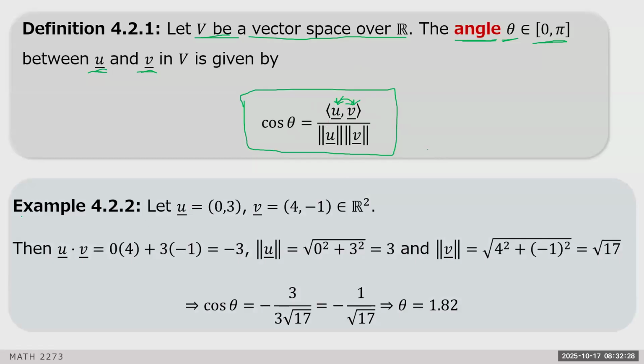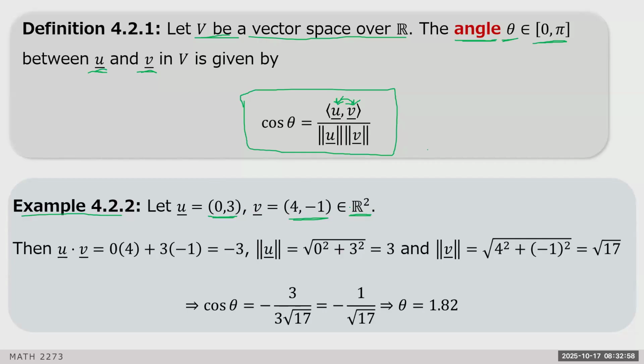So let's look at an example. Say we are in two-dimensional space, R squared. So our vectors look like pairs of numbers, or you could think of it as simply XY coordinates. The first vector u, we are given to be (0, 3). The second vector v, we are given (4, -1). I want to find the angle between u and v.